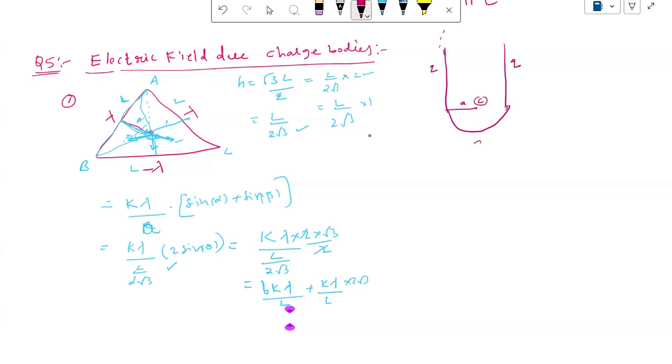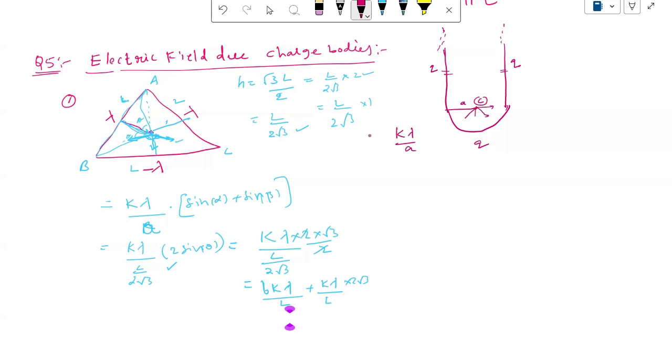From an infinite rod, at one end we know the field strength is K lambda by distance A, I cap and J cap.